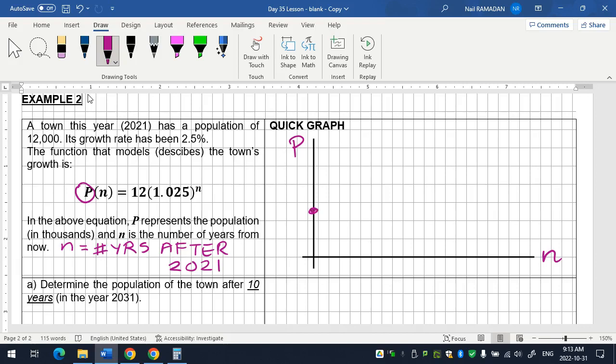What should you put as initial value? Should we put 12 or 12,000? How many people say 12? How many people say 12,000? Do they still mean the same thing? They do. 12 in the math means 12,000 in the what? In real life, right? But technically, is this a graph of the real life or of the equation?